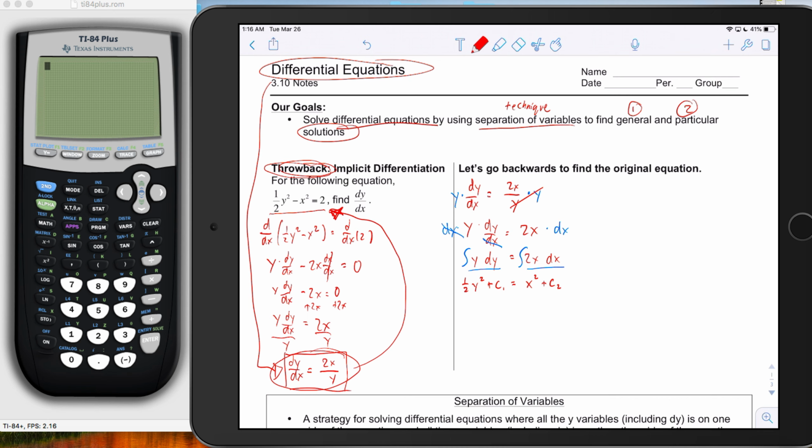Now I'm going to clean it up a little bit by subtracting c1 from both sides, which leaves me with 1/2 y squared is equal to x squared plus a constant. What happens when you take a constant subtracted by another constant? We end up with a new constant, so I'm just going to call it c3.